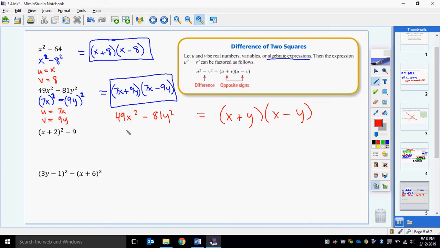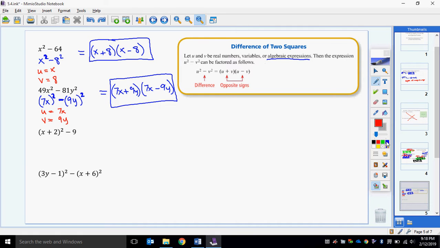This would not have worked if you said that the u was x and the v was y. That's not true. When you FOIL this back out, you're not getting the original 49x squared minus 81y squared. Okay, so you have to also keep in mind those coefficients, 49 and 81, they're squares themselves.